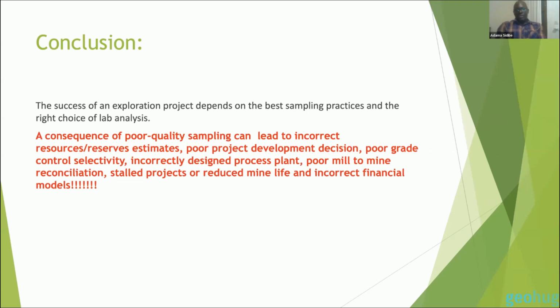As a conclusion, the success of an exploration project depends on the best sampling practices and the right choice of lab analysis. The consequences of poor quality, as I mentioned above, can lead to incorrect resource and reserve estimates, poor project development decisions, poor control of selectivity, incorrectly designed project plans, poor mill to mine reconciliation, stalled projects or reduced mine life, and incorrect financial models.